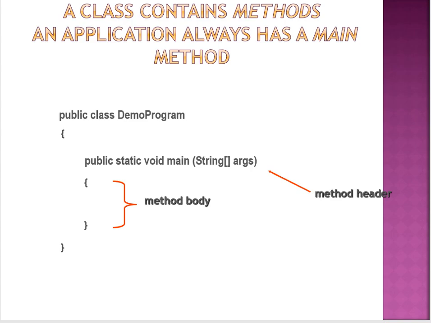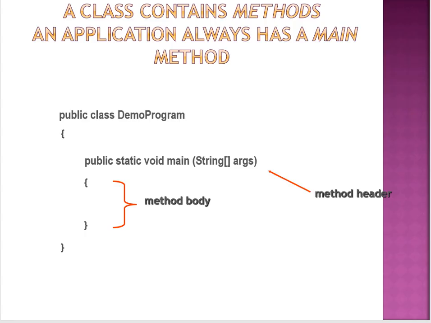In this class DemoProgram, we have a main method which takes as arguments a String array, as you can see there, and it's set with the public access modifier.